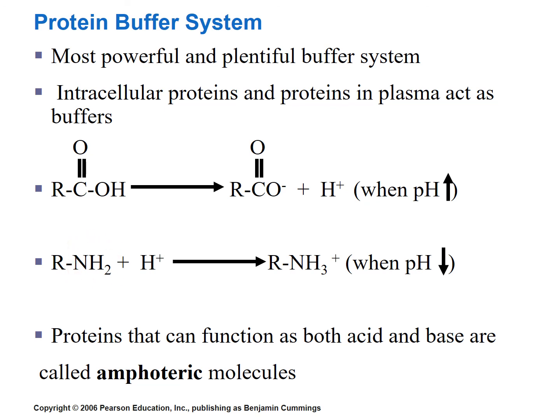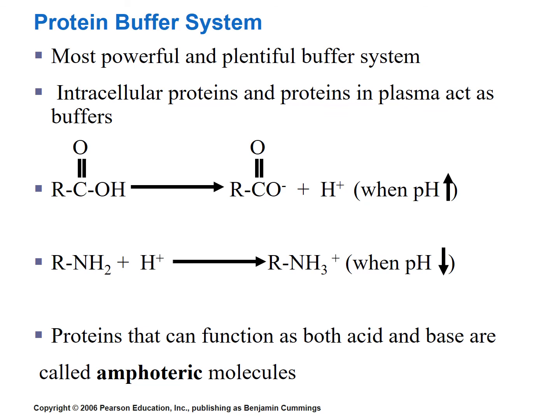It's where we get the name amino acid, the NH2. When pH levels are low, meaning there's an excess of hydrogen ions, these amino groups will pull a hydrogen ion out of solution, forming NH3. That resists a drop in pH when pH levels are already relatively low.